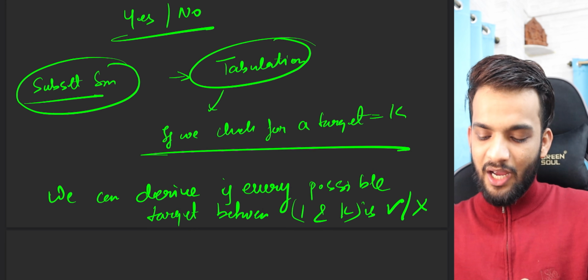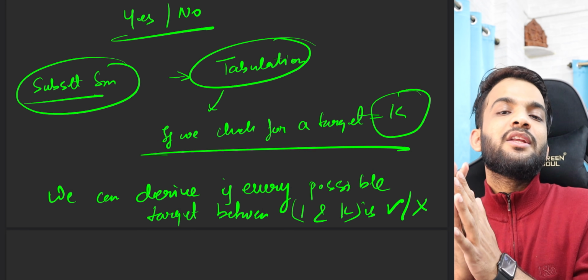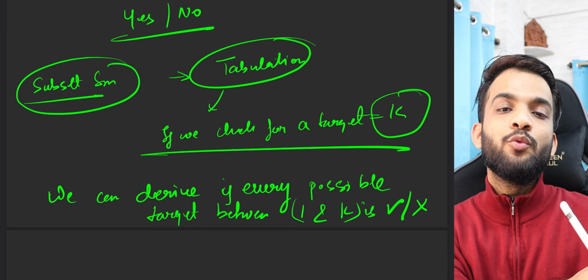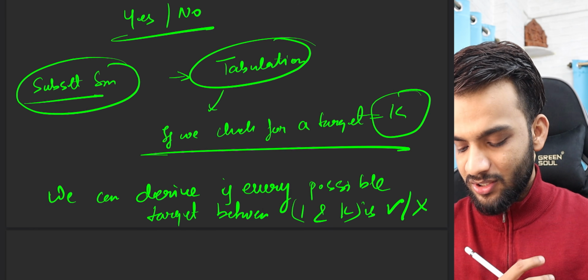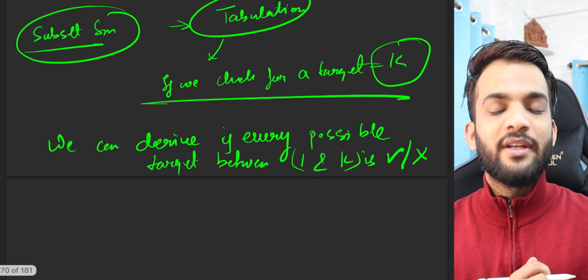If I'm just checking for target equal to k, the tabulation will automatically tell me for every value between 1 to k. I don't need to do any extra steps. Make sense? So with the help of this, I'll solve the next problem.